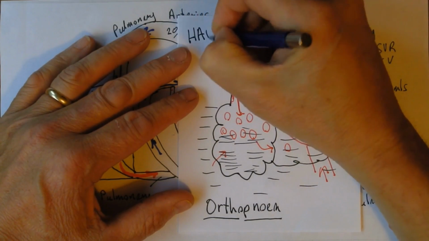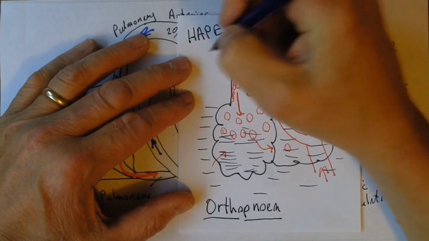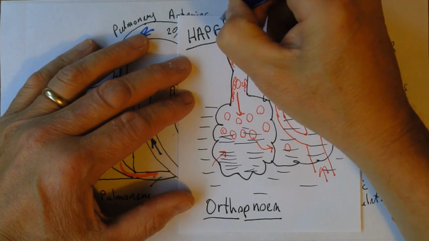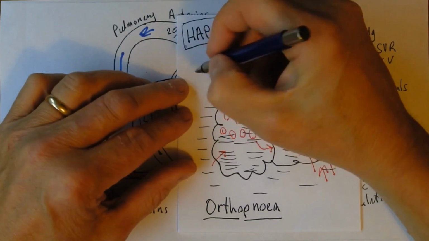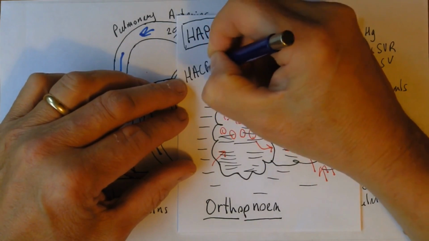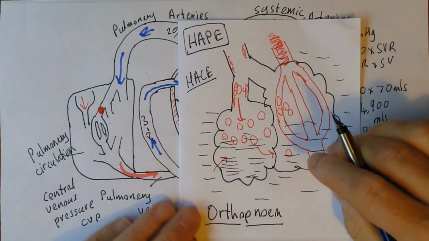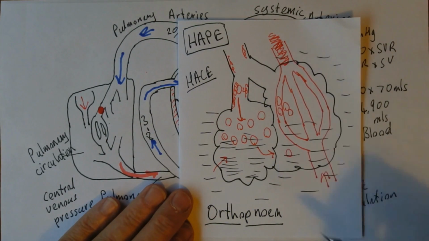High altitude pulmonary edema, so-called HAPE. And we use the American E for edema. The other one, of course, is high altitude cerebral edema, HACE. So the pink frothy sputum, the orthopnea, the pink frothy sputum: features of the severe pulmonary edema.